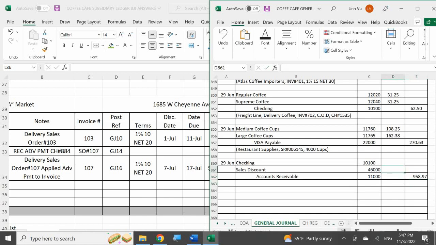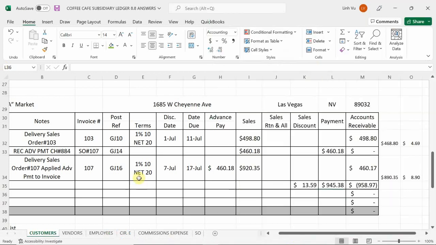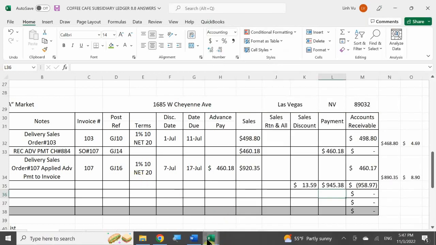We took a discount for $13.59. So therefore, we should receive a check for $945.38. Yes, 945.38 is what we received.